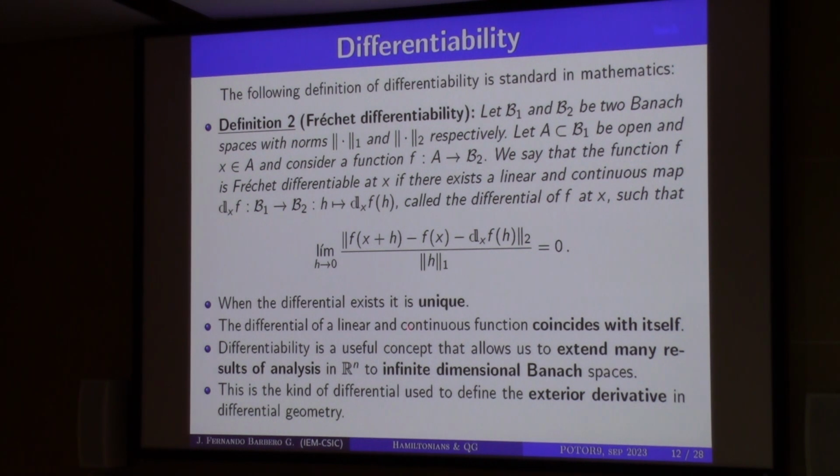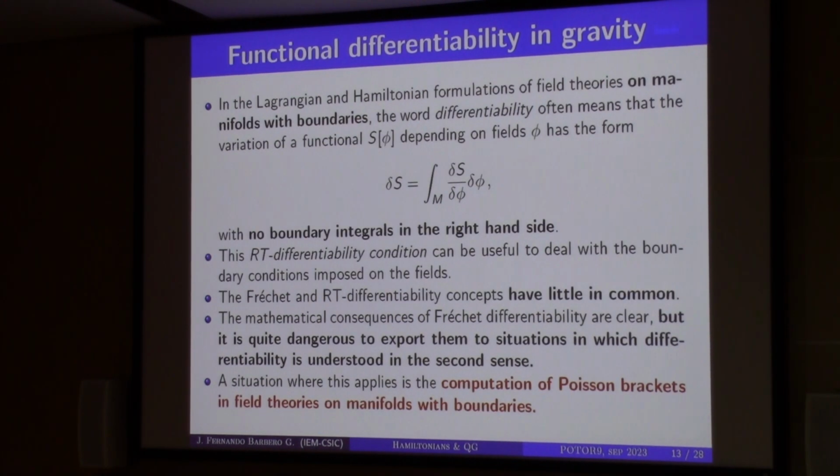This is a very useful concept, and there are many theorems, even existence and uniqueness theorems for differential equations, something you may need, for example, to talk about the integrability of vector fields, that really rely on this concept. And this is the kind of differential that you use to define the exterior derivative in differential geometry, which is a basic object in Hamiltonian mechanics, as I showed before.